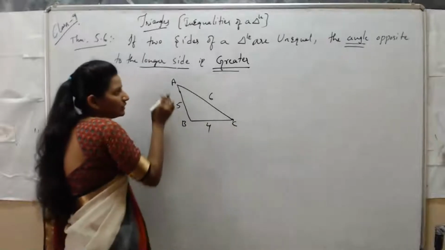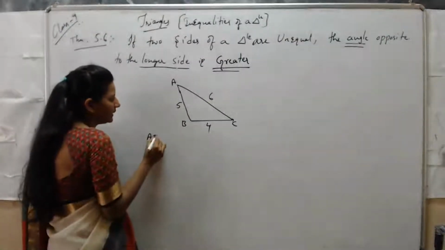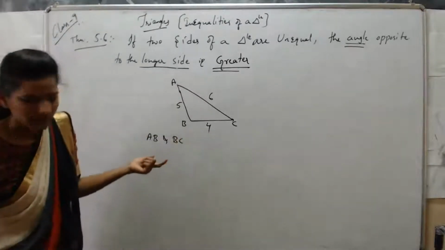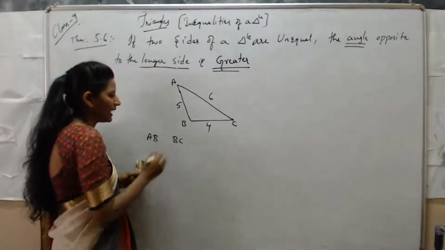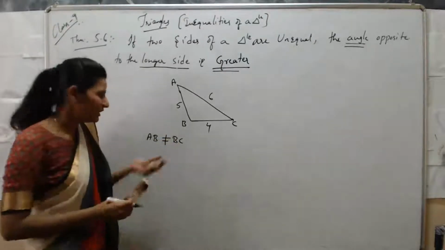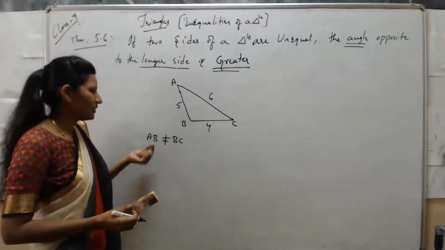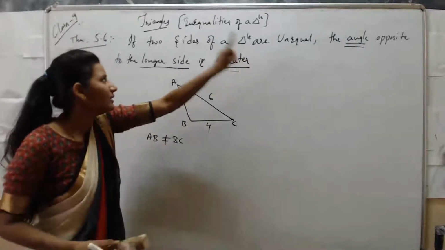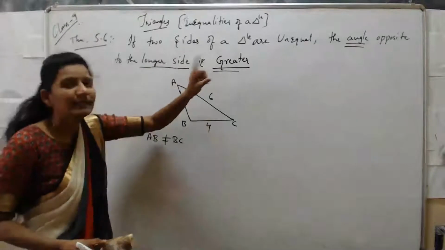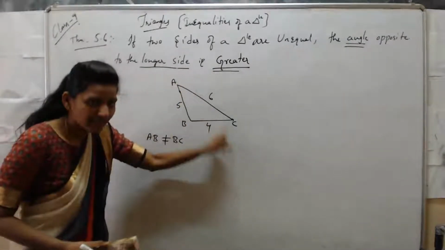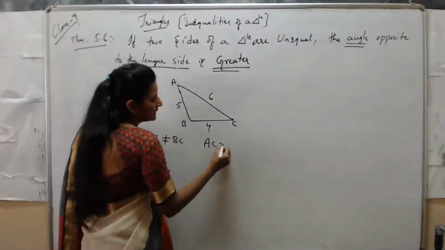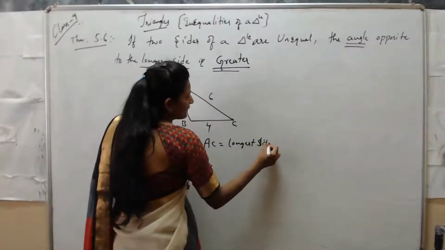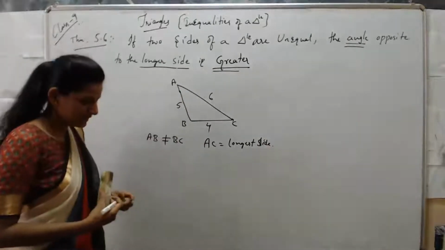If two sides, AB and BC, are unequal, which means not equal, then what happens? The angle opposite to the longer side is greater. Which is the longest side here? AC is the longest side.